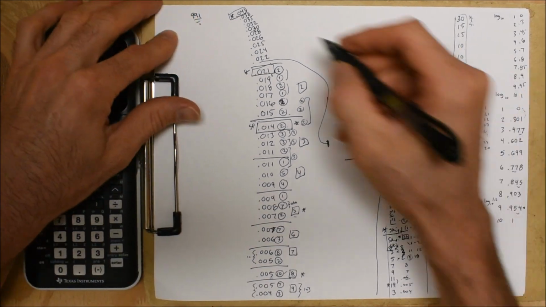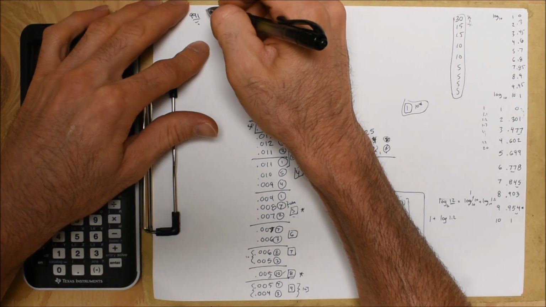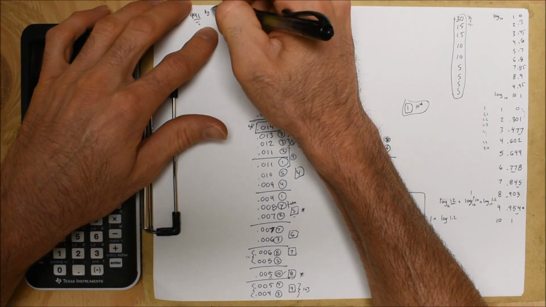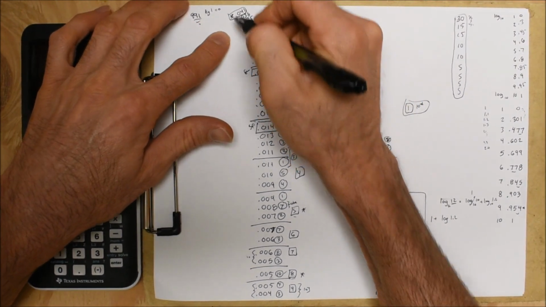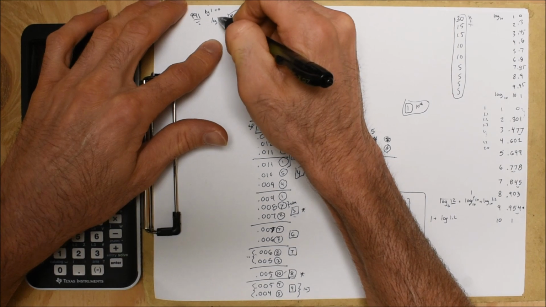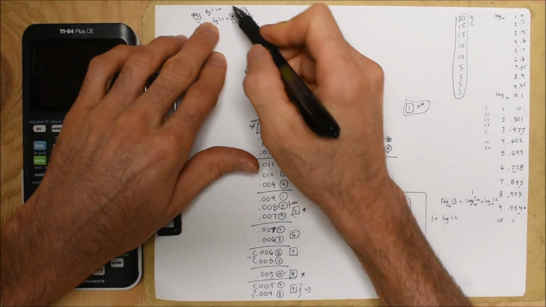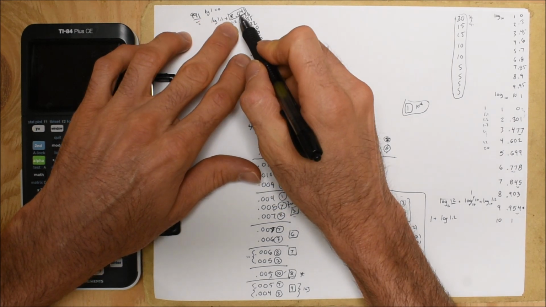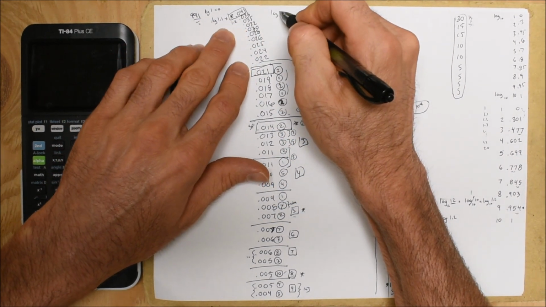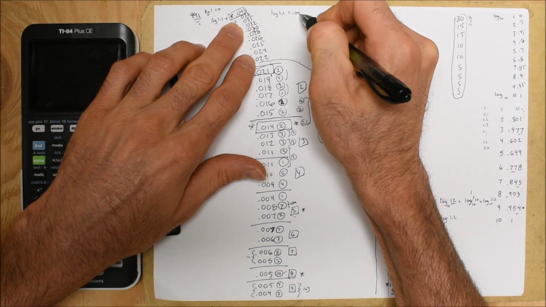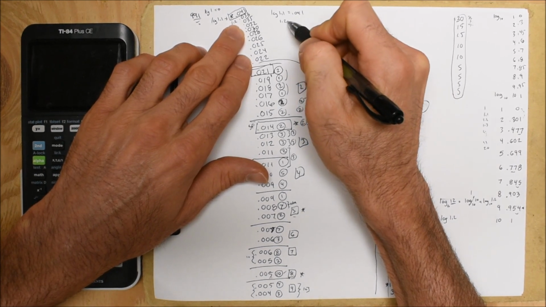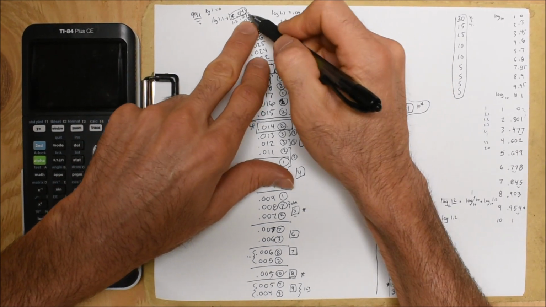It says when you start at log of 1, that's going to equal 0, and then this one is going to be log of 1.1. This one's going to be log of 1.2. So you take 0 plus 0.041. That means log of 1.1 is equal to 0.041. 1.2 is equal to this plus that.